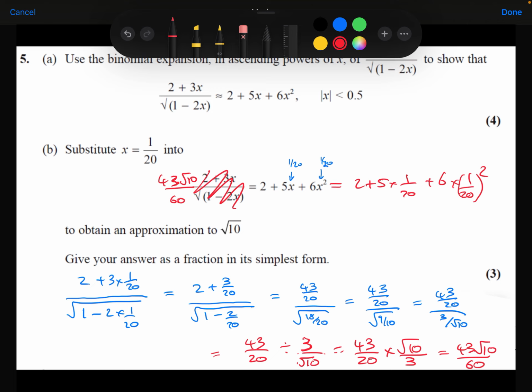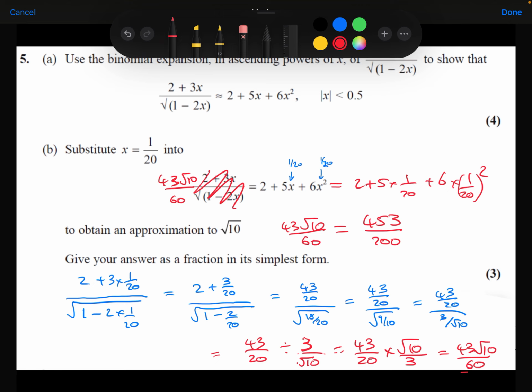Just putting that into my calculator, I get 453 over 200. So we're saying that 43 root 10 over 60 is equal to 453 over 200.